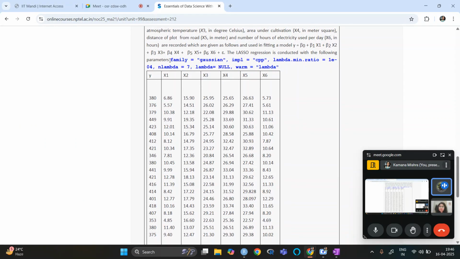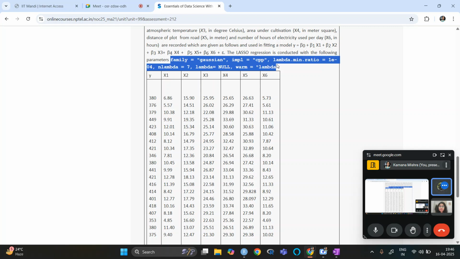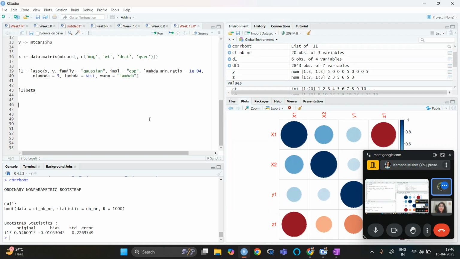Temperature, area, distance, electricity, yield.